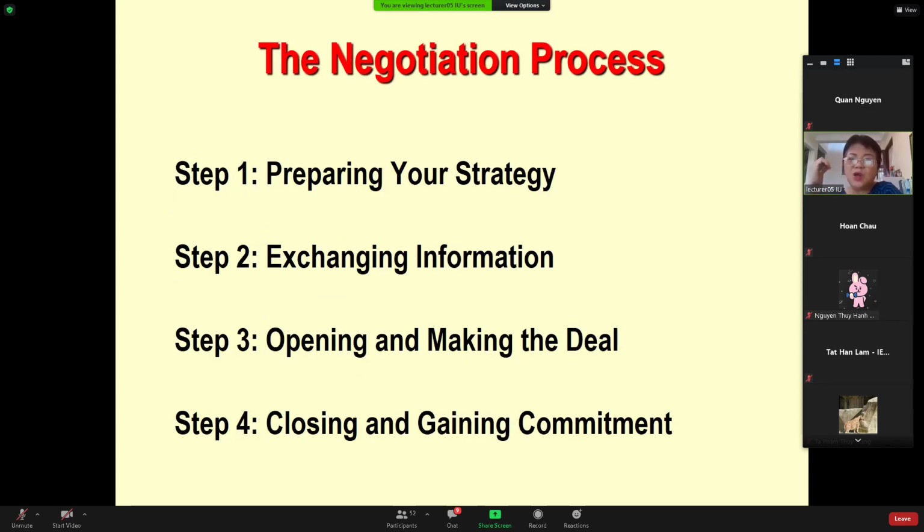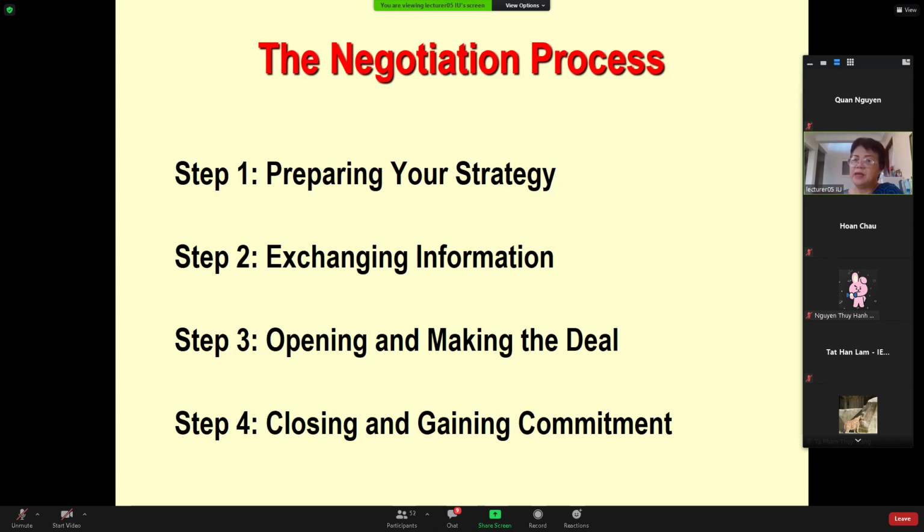Okay, so in summary, we have four steps of the negotiation process, and we are going through step 1, step 2, step 3, step 4. Step 1 is preparing your strategy.